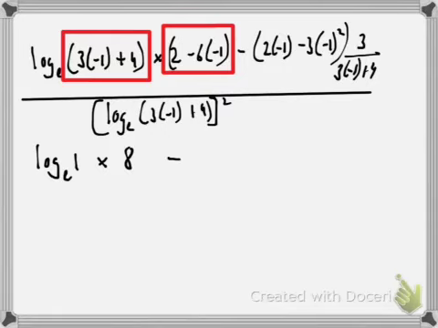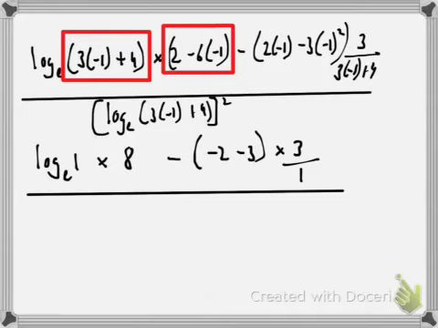Minus, so let's look at what we've got across the top here. We've got minus of -2 minus 3 multiplied by 3 over 3 times -1 plus 4, which is going to be 1, so we're going to have something quite simple there in a moment. In our denominator, we're going to have log base e of 3 times -1, which is -3, plus 4 is 1, squared.